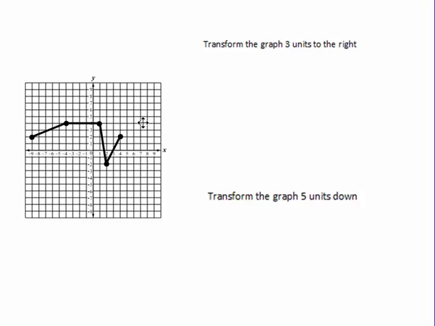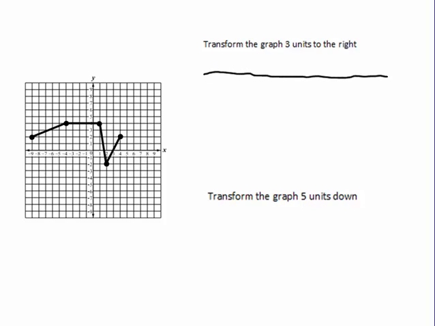With the first one, it asks us to transform the graph 3 units to the right. Essentially, we want to take the same graph and move it 3 units over to the right. In order to do that, I want to do this table of values.